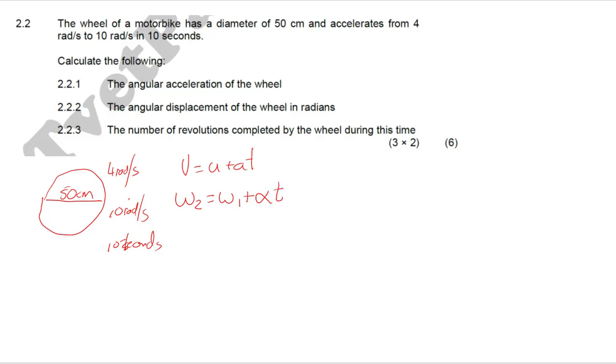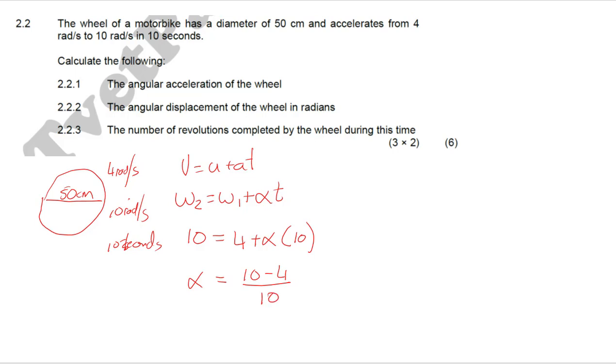I know the final velocity was 10 radians per second. The initial was 4, and they told us the time. Do we know what the acceleration is? No, because we're going to calculate it. So we want to know what alpha is. But we know the time, 10 seconds. So if I simplify it, alpha will be equal to 10 minus 4 divided by 10.